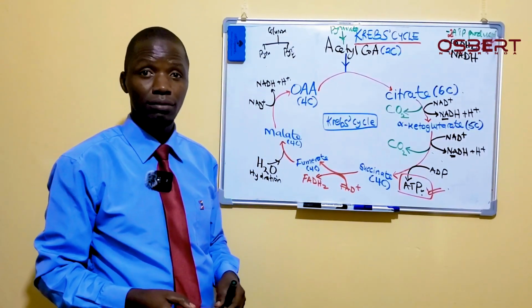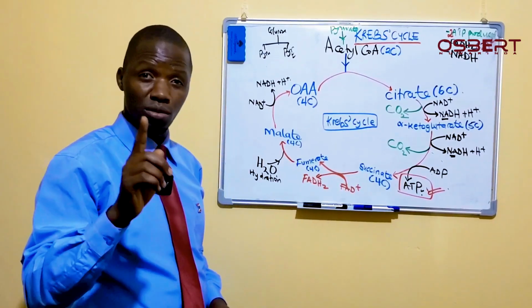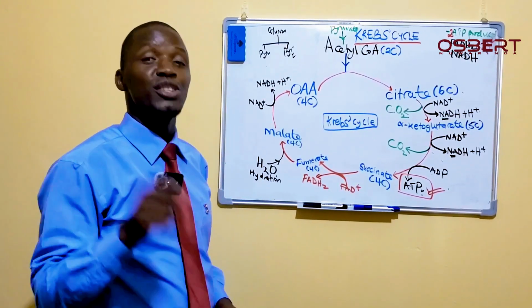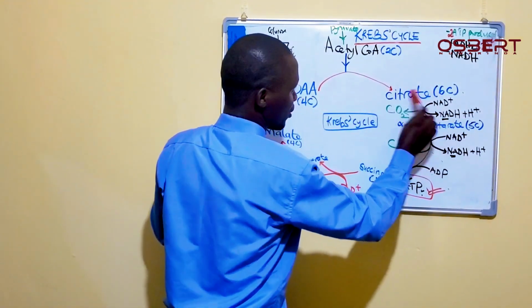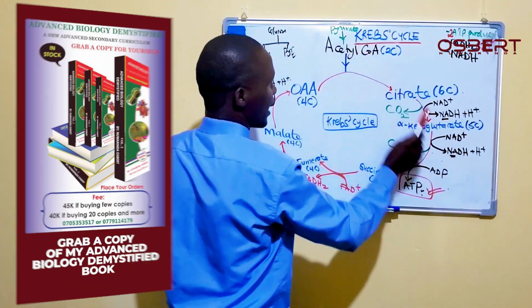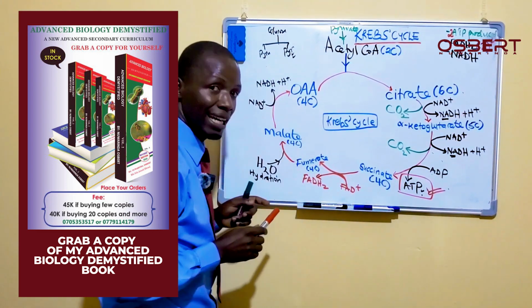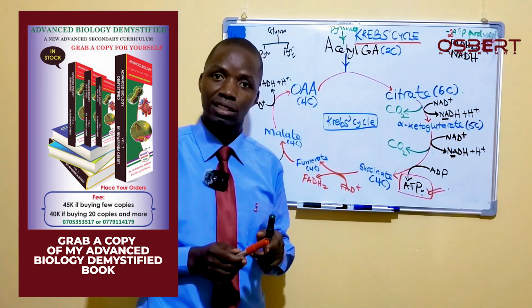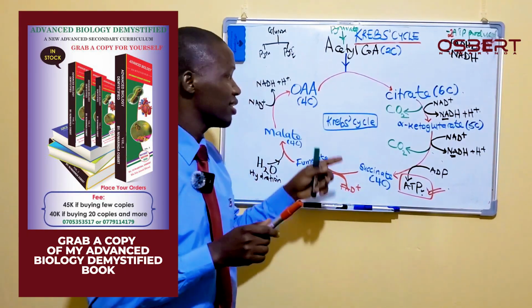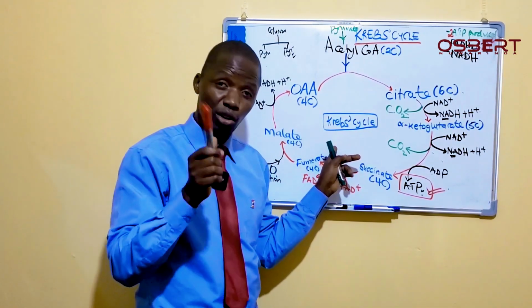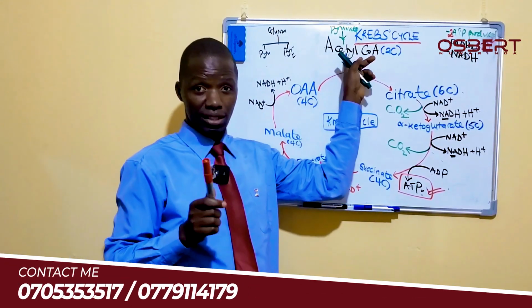Yes, though from 1 pyruvate I am having 1, 2, 3 NADH being produced, this cycle cannot take place when this thing is not there.